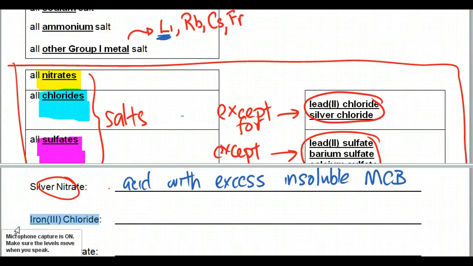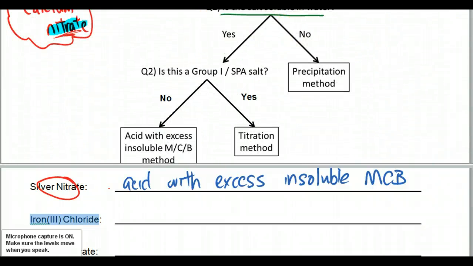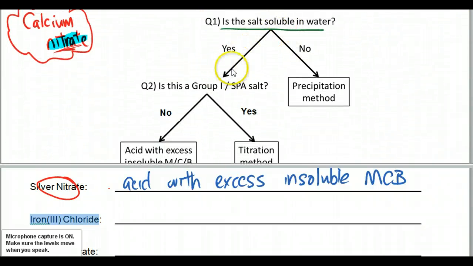So is this salt soluble? The answer is yes. This salt is soluble in water. So since this salt is soluble in water, we go down this arrow. Second question. Is this a group 1 or SPA salt? Answer is no, because iron is not from group 1, neither is it an SPA.